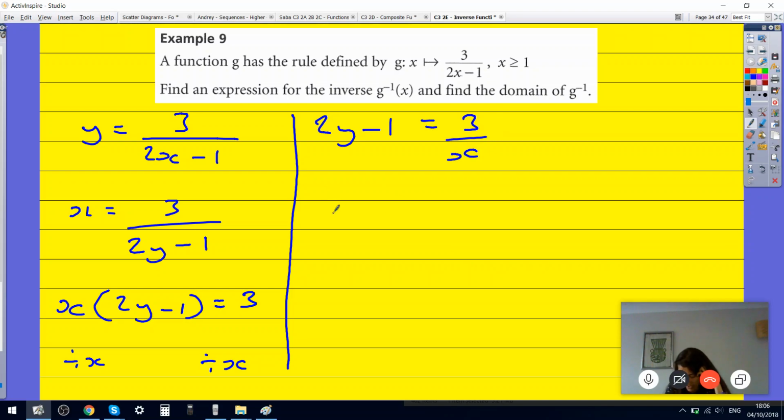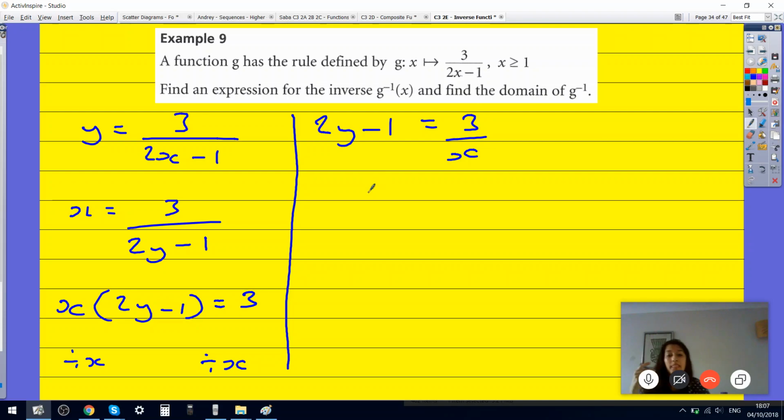Then divide by 2. Okay, so can we add 1 then? You could. It's much easier to add 1 first, because if you divide by 2, you'll get y, but you'll get minus a half, and I think you would have written down minus 1. Add 1 first.